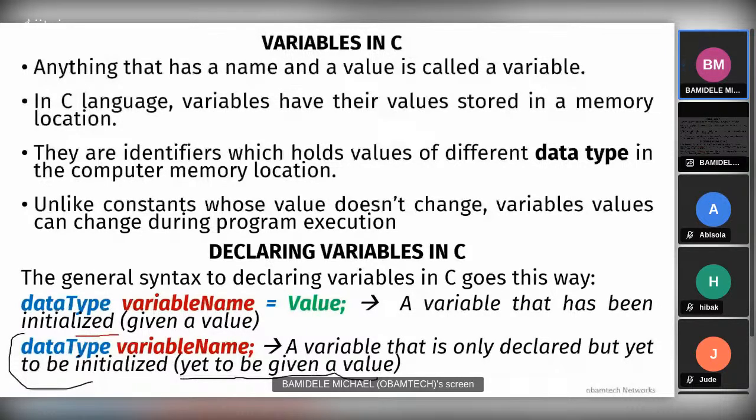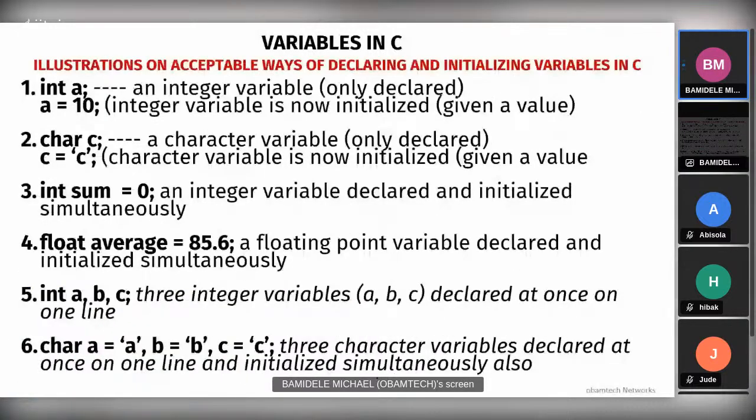Moving forth, variables in C. These are the acceptable ways of declaring and initializing variables in C. You have int A, an integer variable only declared. We can have an integer variable which is only declared, and at this point it is initialized.